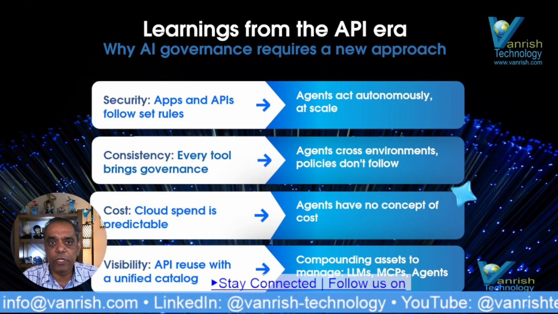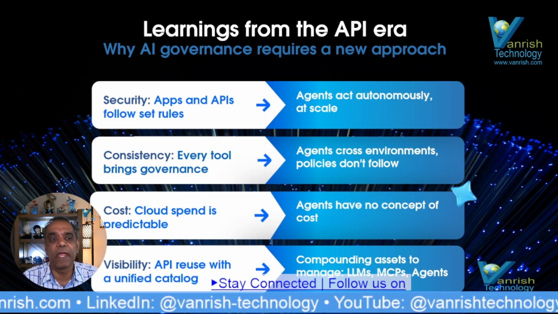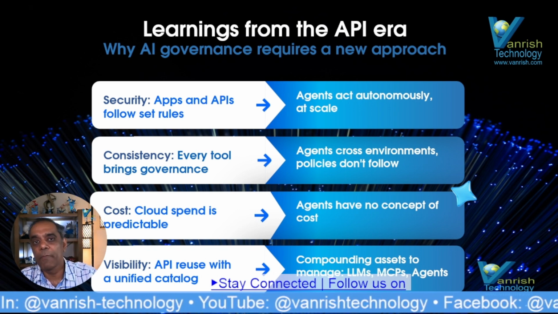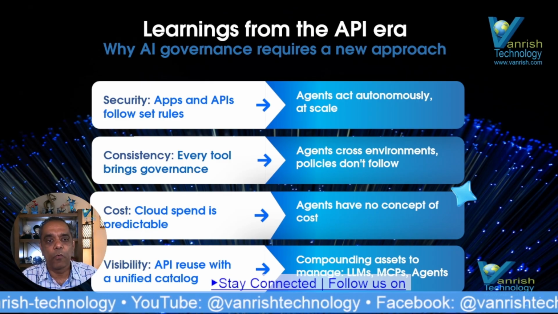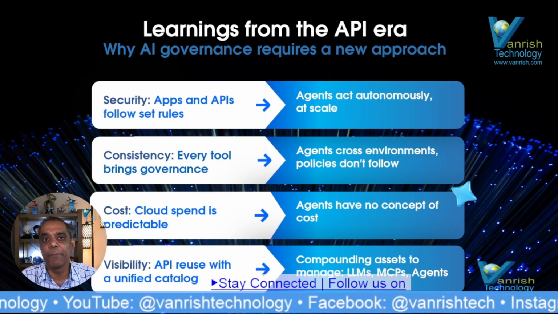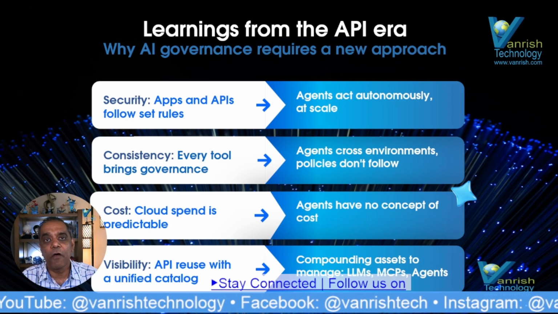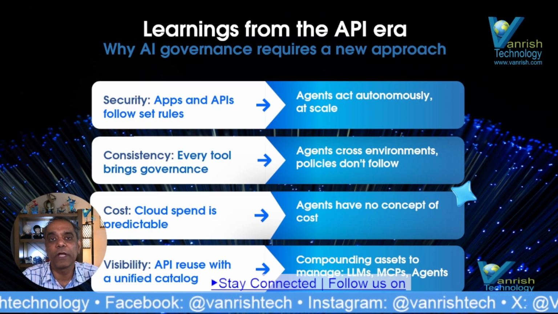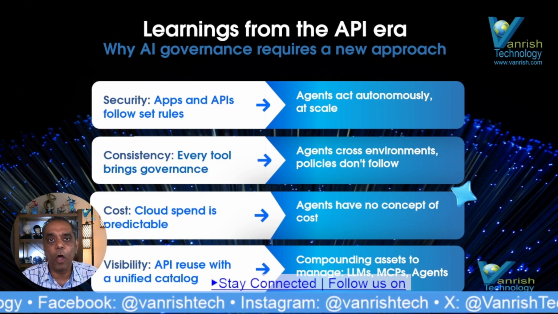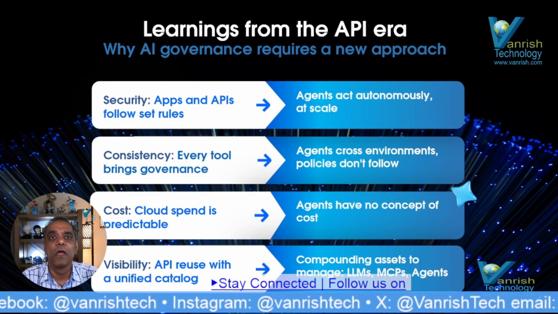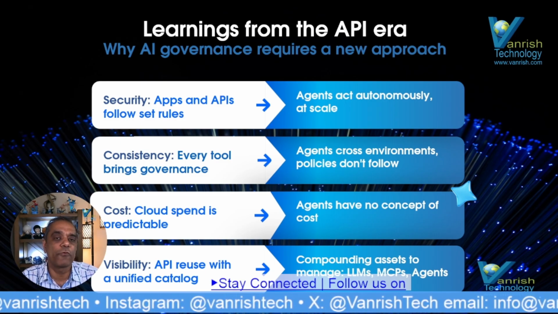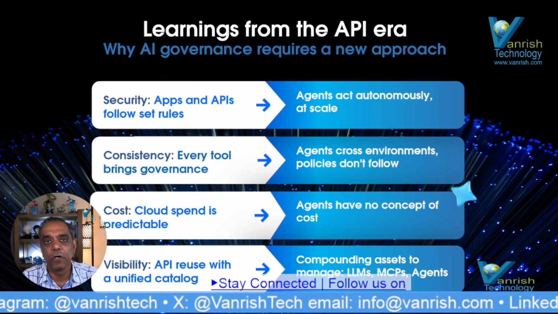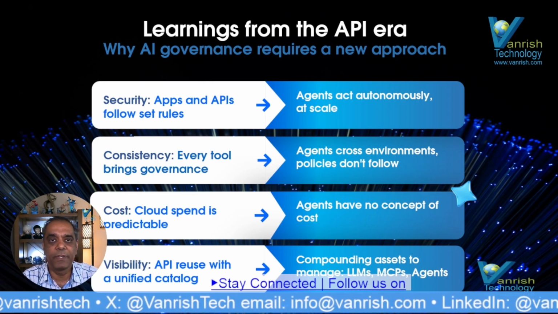So let's look at what we learned from the API era, since we came from APIs and are now migrating to the AI side. What we learned is that whenever we were implementing the API side, our first concern was security: how you can control your API, and how you can secure it so that you can restrict misuse of the API. Exactly the same thing is happening right now with your AI agent, MCP, or any LLM.